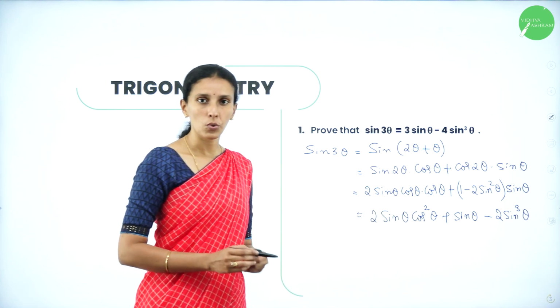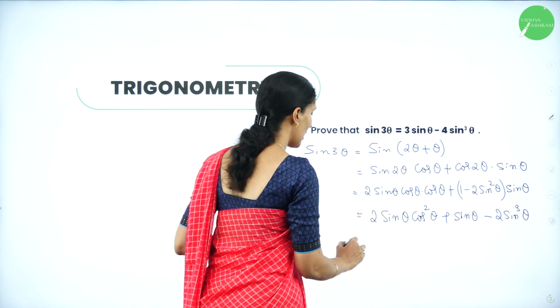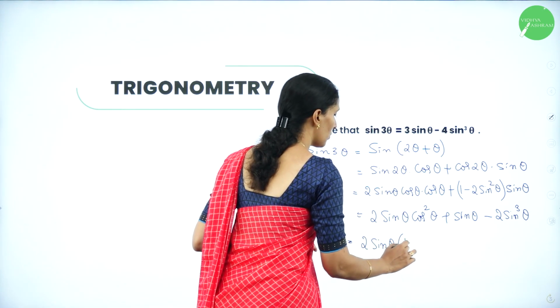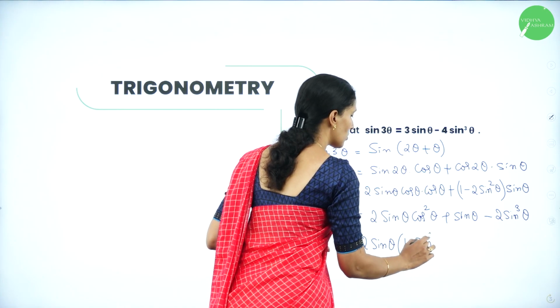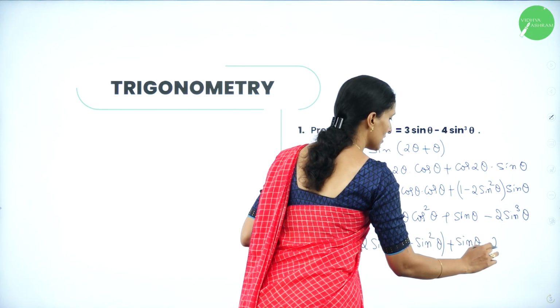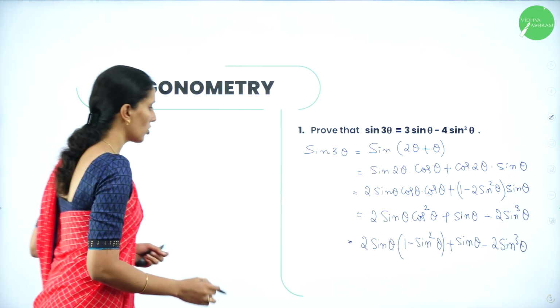Again you have cos square theta here. Replace it with 1 minus sine square theta. So 2 into sine theta into 1 minus sine square theta plus sine theta minus 2 sine cube theta. Now multiply each and every term.